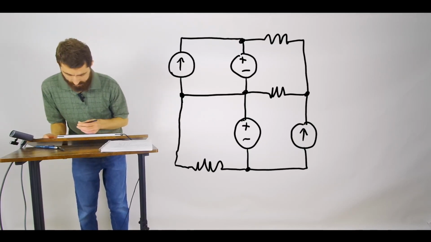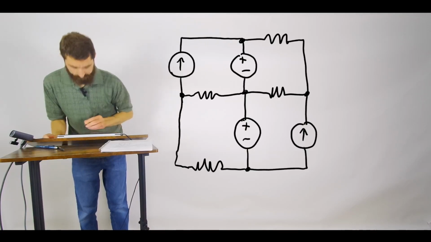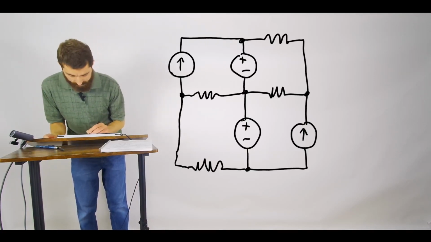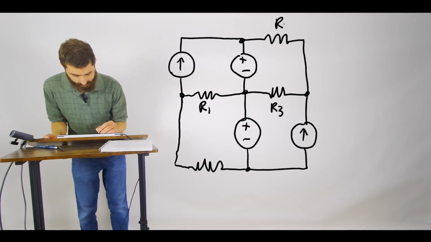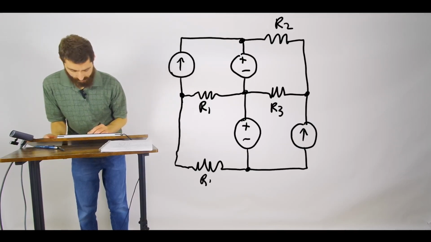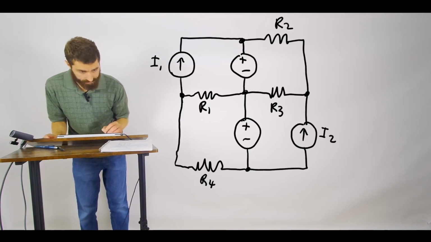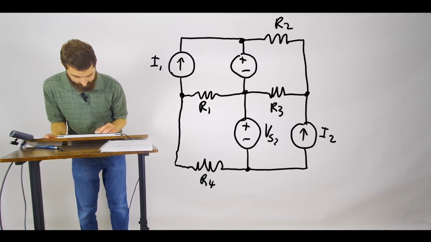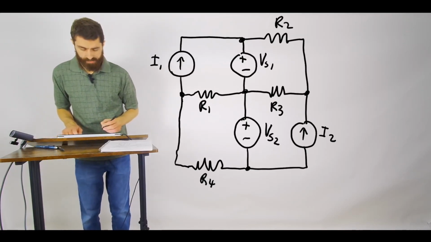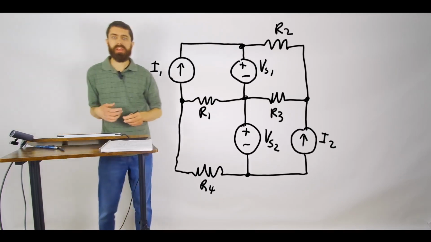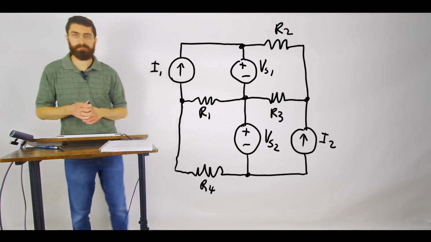Oh, and then I meant to draw a resistor here. There we go. So we have R1, R3, R2, and R4. I'll call this one I1, I2, this VS2, and this VS1. So let's go ahead and do nodal analysis to solve this problem.